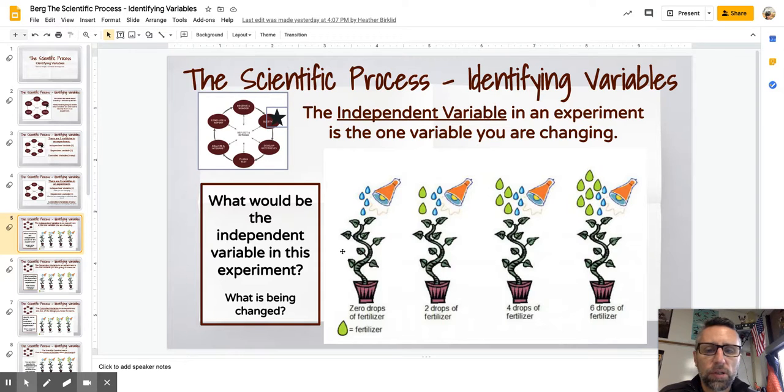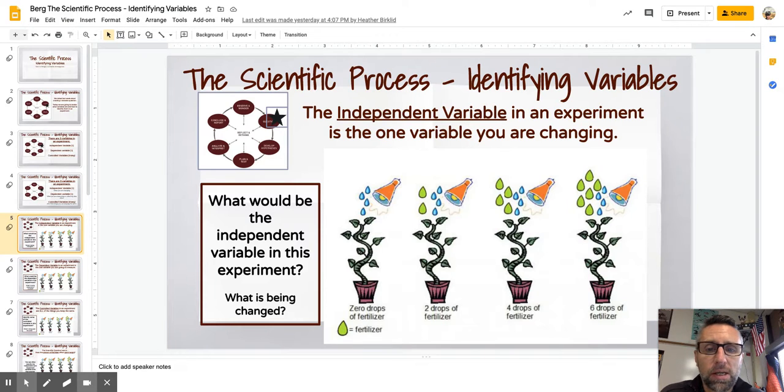So looking at this picture, what's different? Well, obviously, we've got some green drops here, but none here. We've got more and more. It's the amount of fertilizer. Independent variable starts with the letter I. I can choose how much fertilizer to put on. It's my test. I can do it any way I want. And I just so choose to go with 0 drops, 2 drops, 4 drops, and 6 drops.